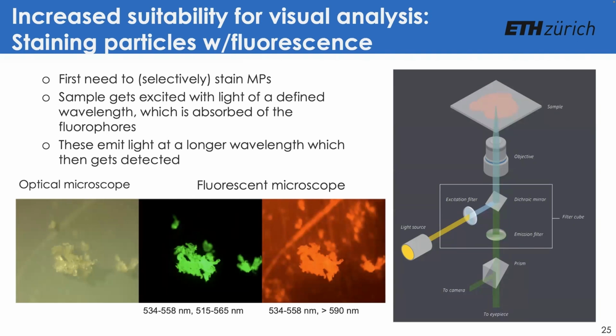And so you can see that also in the figures at the bottom. If you look at just the regular optical microscope, it's a little bit challenging to identify if this is a microplastic or not. But if you have a specific dye which is binding to the microplastic, then you'd be much more certain that this is actually a microplastic instead of another type of particle.